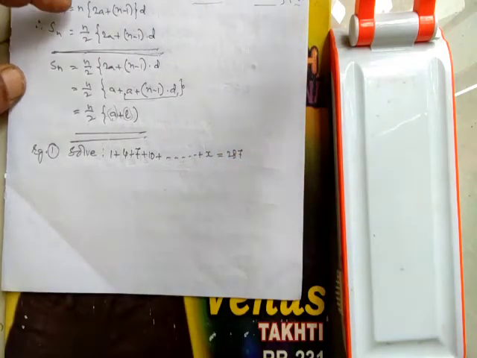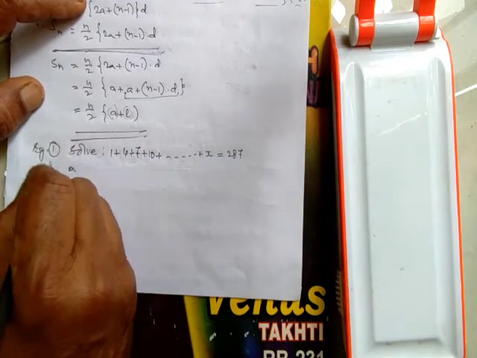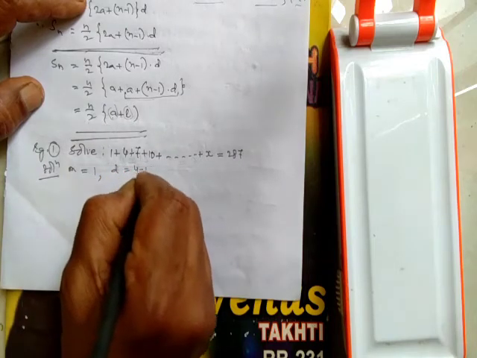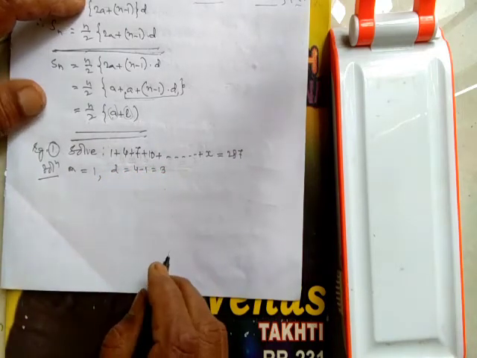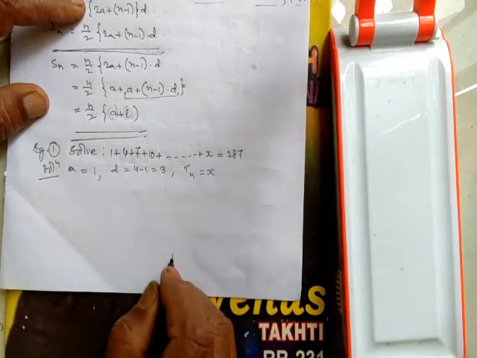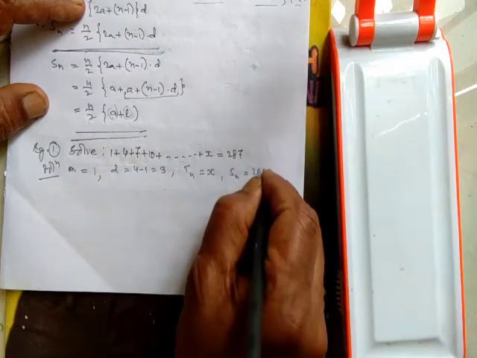You have to find out the value of x. Here a is equal to how much? Solution: a is equal to 1, d is equal to 4 minus 1 is equal to 3, and the last term, nth term, is equal to x. The sum up to n terms is 287.